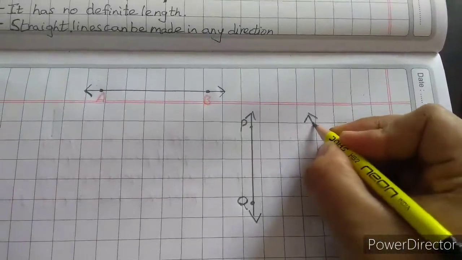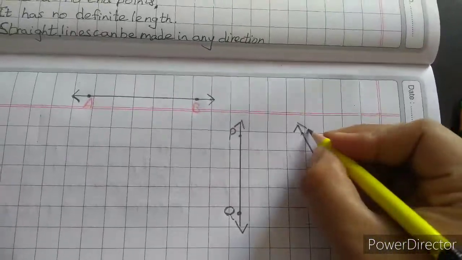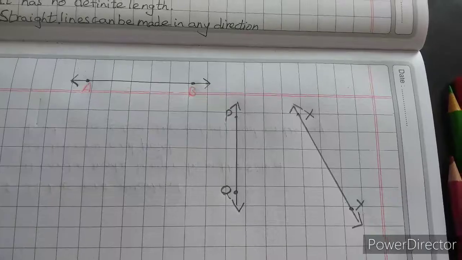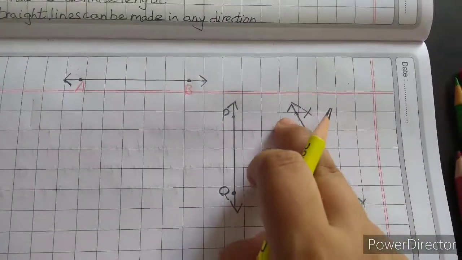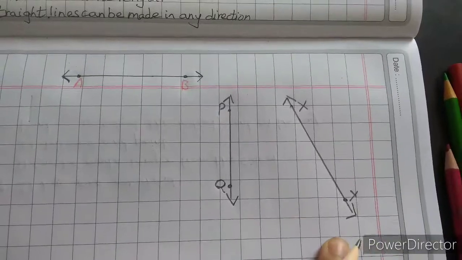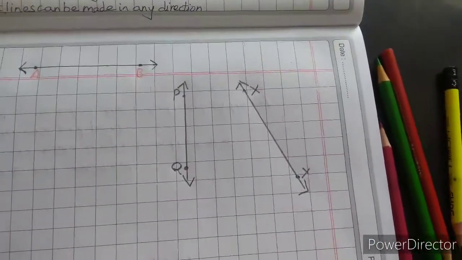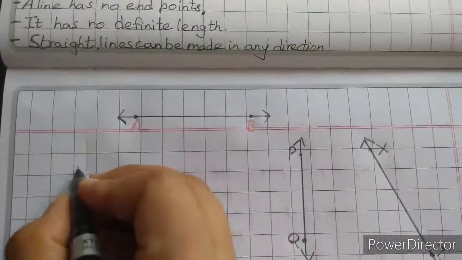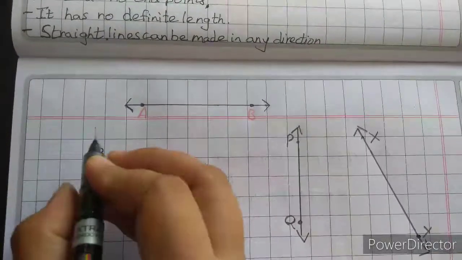And this slanting line, if I name it XY, will be called a slanting line or oblique. What do we call it? Oblique. So here, how will we write? A, B.